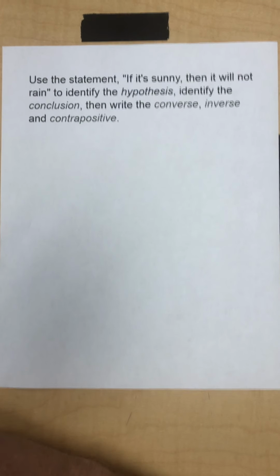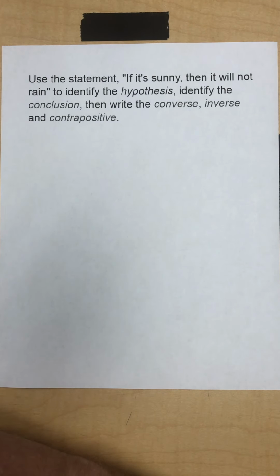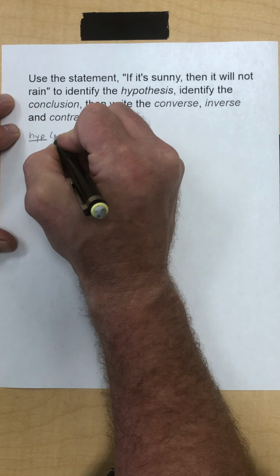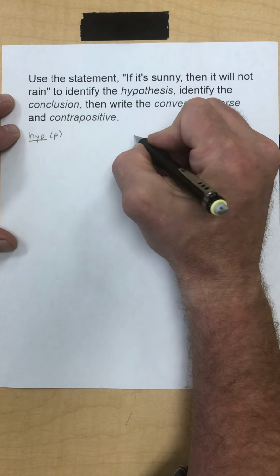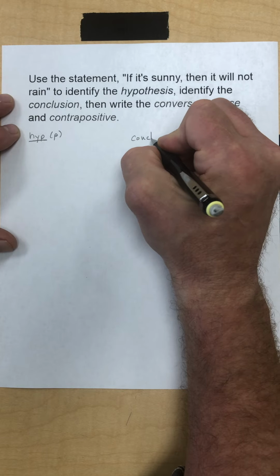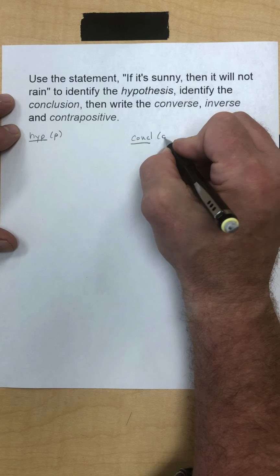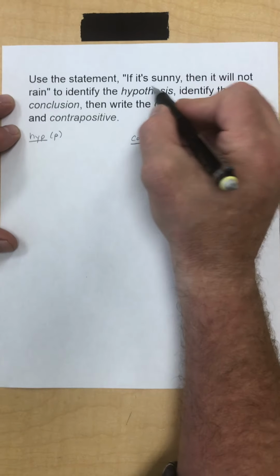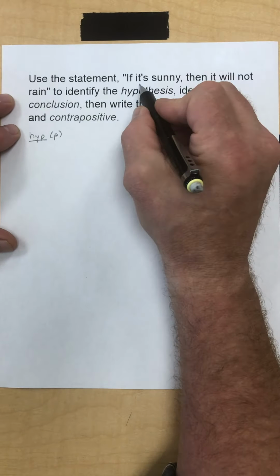So let's see what we have. We're using this statement: if it's sunny, then it will not rain. We have to identify the hypothesis and the conclusion first. The hypothesis is our P, and the conclusion is our Q. The word if tells you where the hypothesis is at.